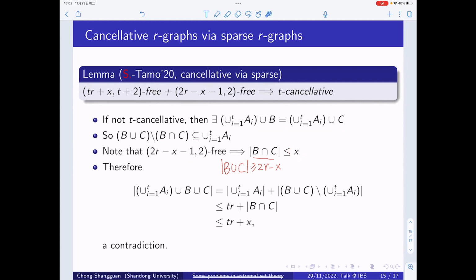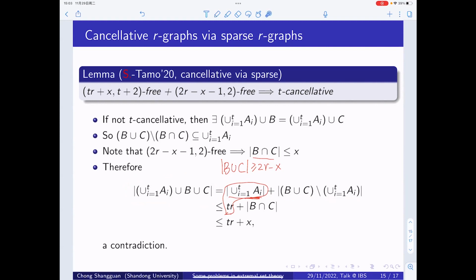So therefore, let's compute the union of these t+2 edges. The size of this union can be written as the size of the union of the A_i's plus the size of B union C, set minus the union of the A_i's. The union of the A_i's is at most tr, because this is the union of tr vertices, because it is the union of t edges.